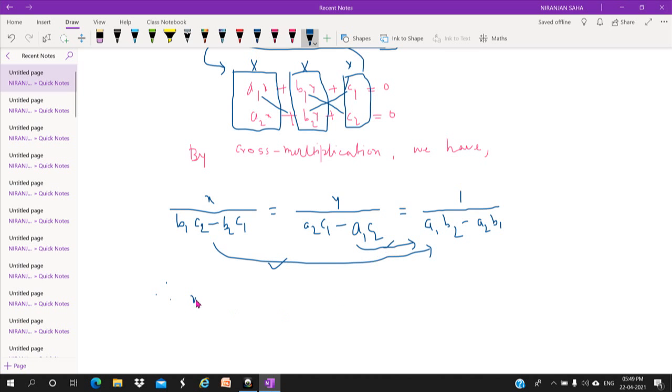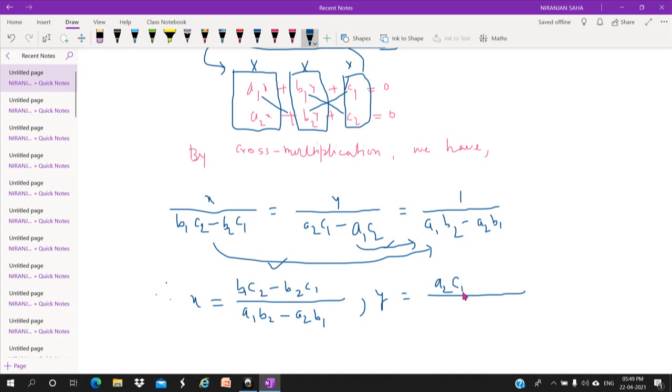From the first comparison we will get x is equal to b1 c2 minus b2 c1 by a1 b2 minus a2 b1, and by the second comparison we will get y will be a2 c1 minus a1 c2 over the same denominator.